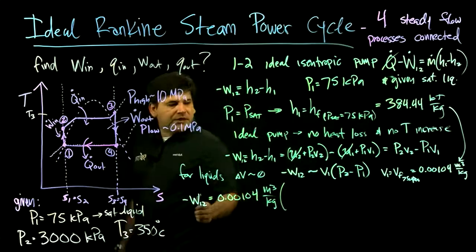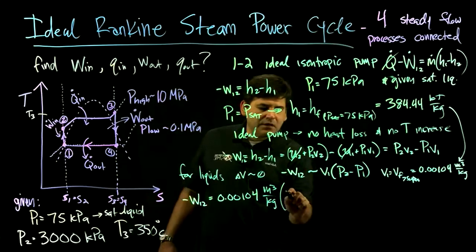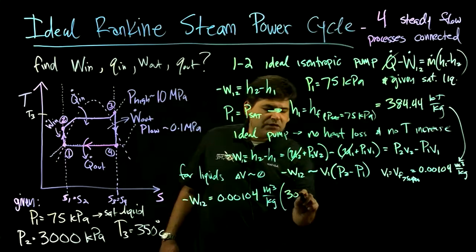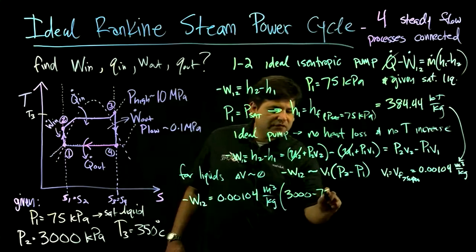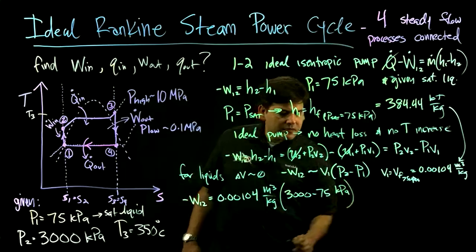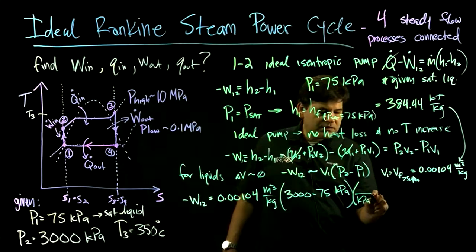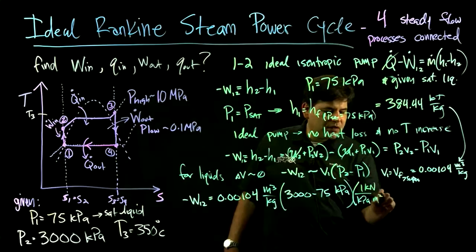times, we're given P2, 3,000, and P1, 75, so this would be 3,000 minus 75 kPa, which is, 1 kPa is 1 kilonewton per meter squared.